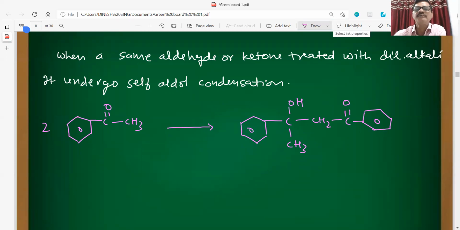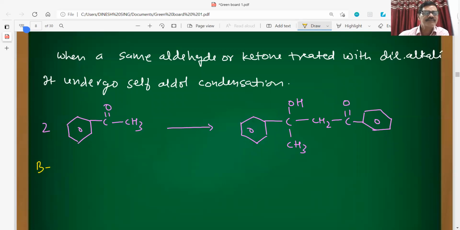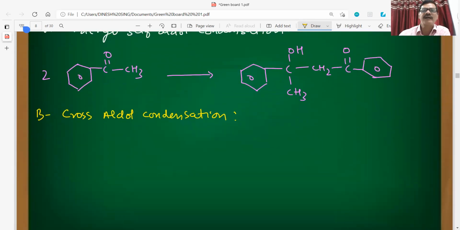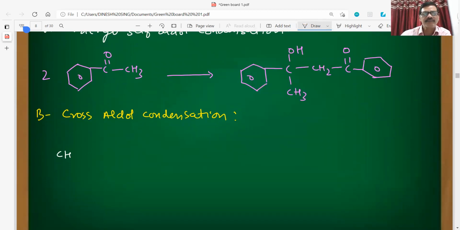Again we can see the second example, cross aldol condensation. If we are having two different carbonyl compounds, suppose here we are having one aldehyde and one ketone, or they may be both different aldehydes or both different ketones.